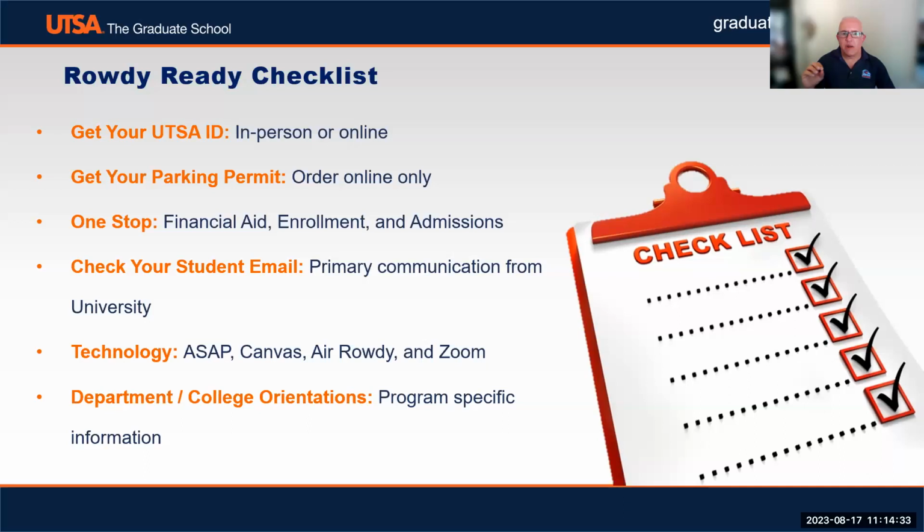But for the department or college orientations, if you have not attended one already, that information should be coming to you from your college or department soon. You will want to attend those simply because it's going to provide you information on your program. You get to meet faculty and get a lot of pertinent information that is directly about you and your coursework.